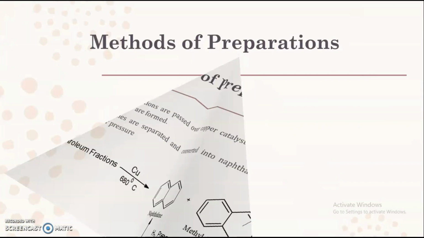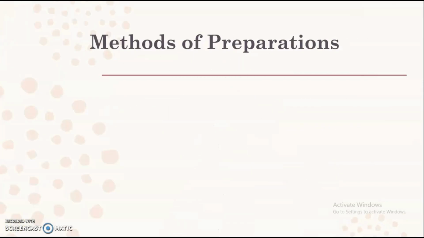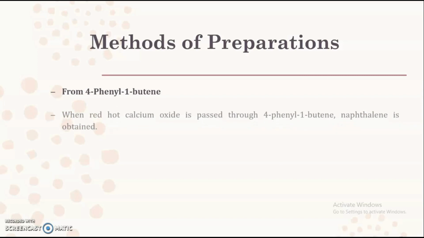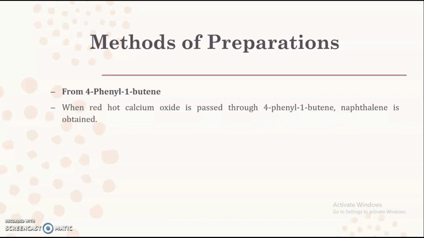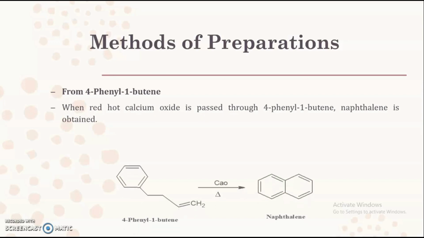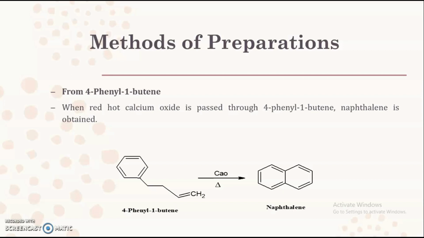The last method that is used for the preparation of naphthalene is from 4-phenyl-1-butene. In this case, when red hot calcium oxide is passed through 4-phenyl-1-butene, naphthalene is obtained. This is quite a simple reaction, where 4-phenyl-1-butene, we know butane consists of 4 carbon atoms, 1, 2, 3, 4 carbon atoms.